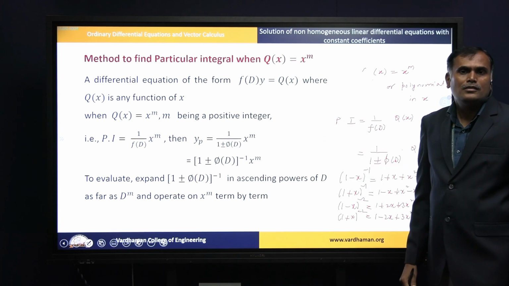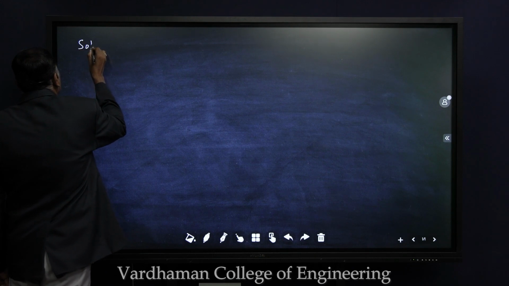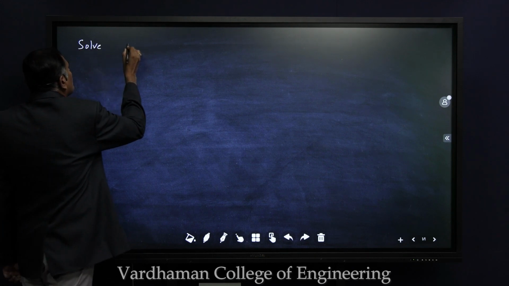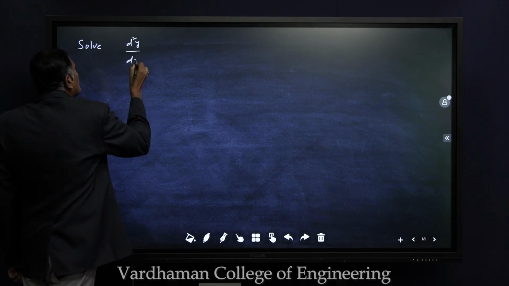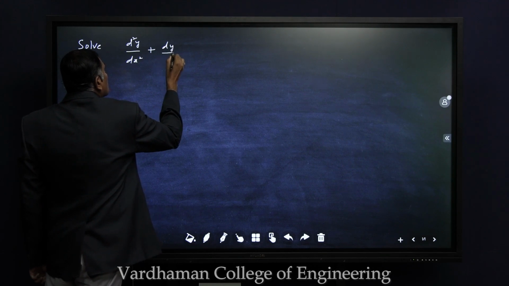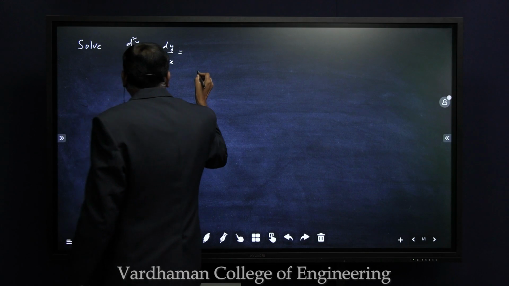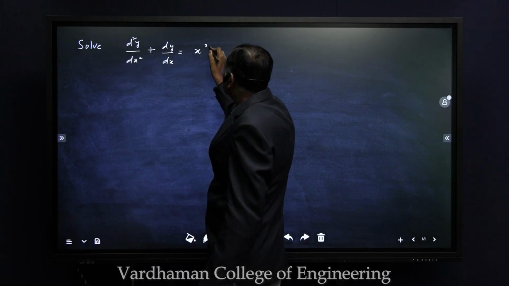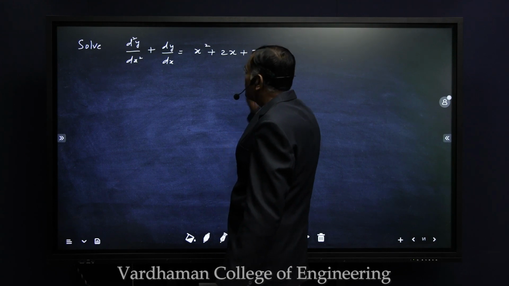Now let us discuss some examples. Solve d square y by dx square plus dy by dx equals x square plus 2x plus 3.